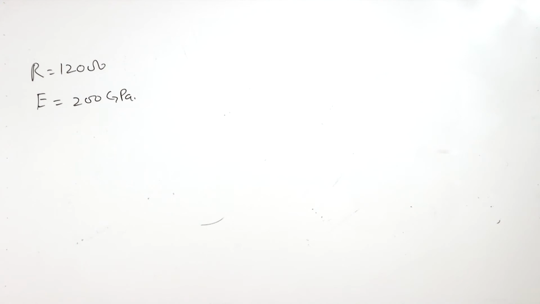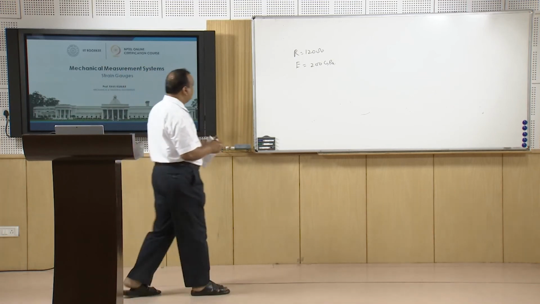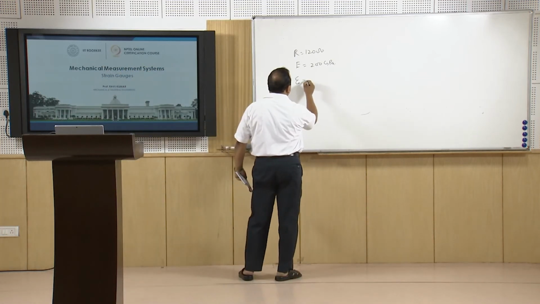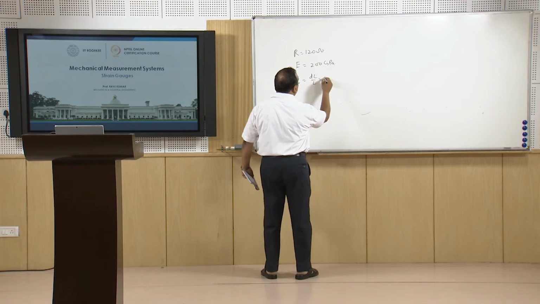The percentage change in the length of the rod due to loading is 3%. So strain, dl upon L, is equal to 0.03.